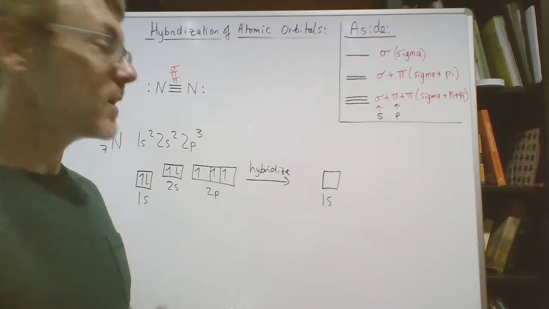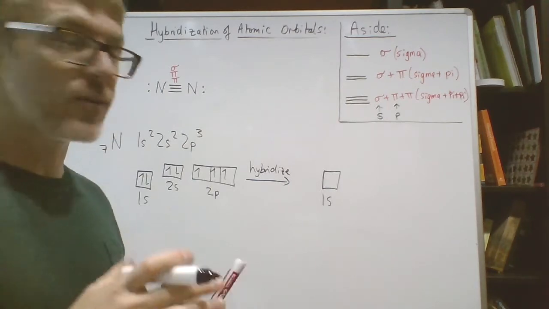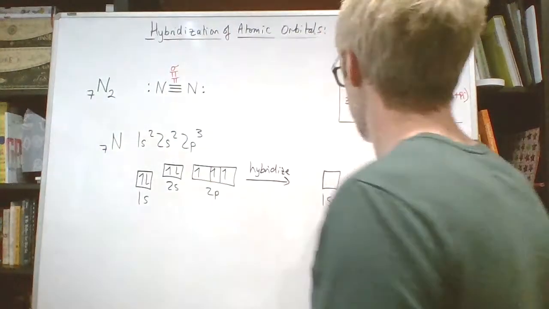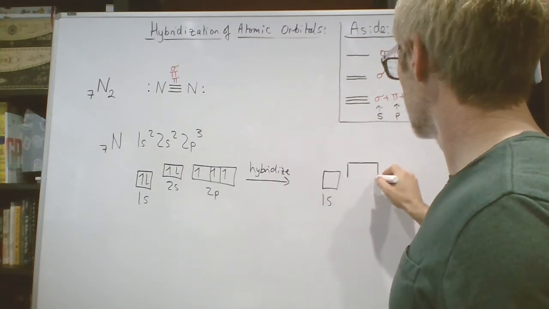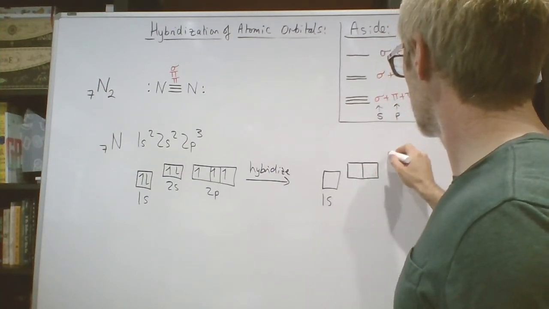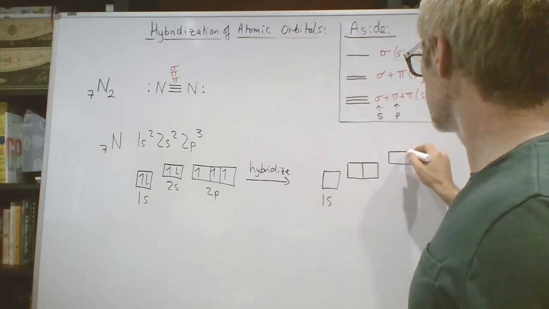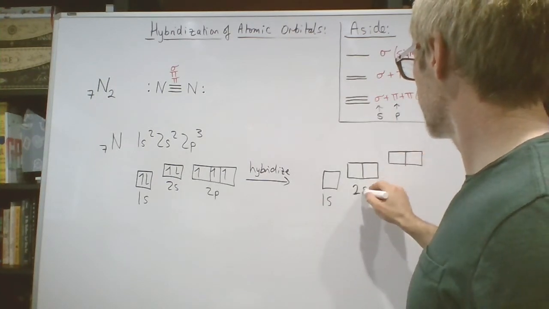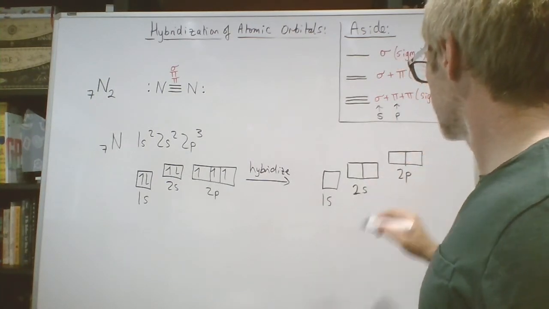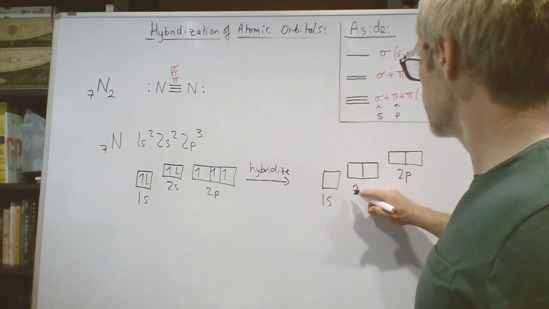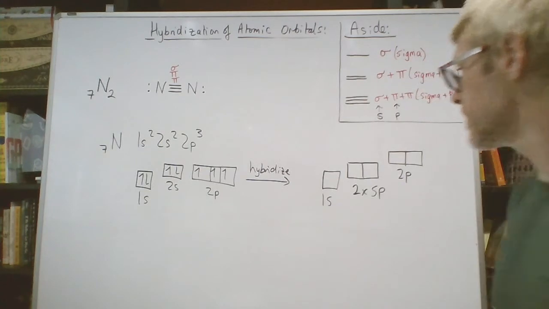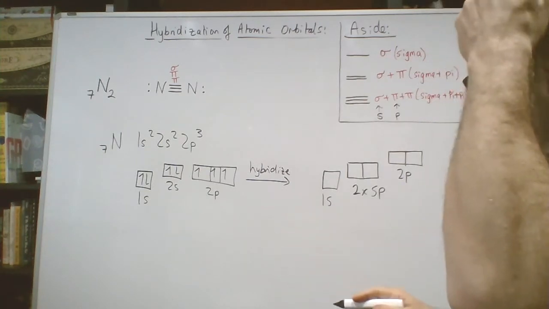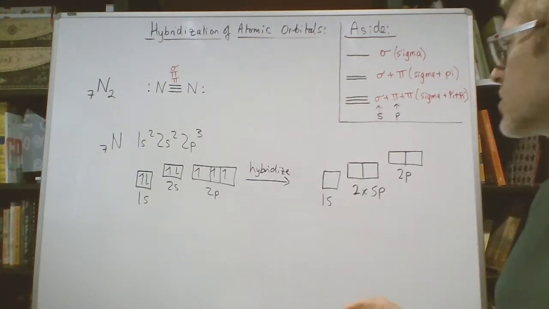Actually, I'll give you a clue. It's going to be exactly the same, but for a different reason. So it might be less awkward if I show you, rather than try to explain it a priori. So this is going to be two sp hybrids. Let's fill this in using Hund's rule and Pauli exclusion.